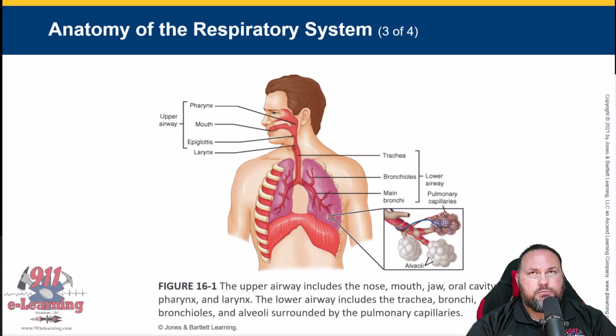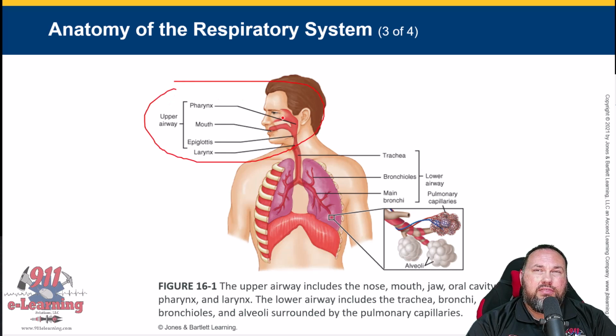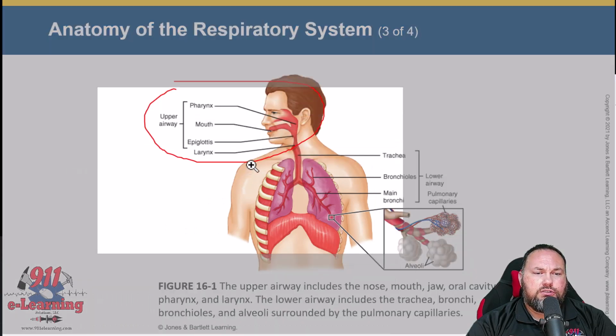All right, so the respiratory system consists of the airway, the lungs, the diaphragm, and all the vessels that involve the process of both respiration and ventilation. So, just a quick recap: the upper airway consists of the pharynx, which has two different sections.